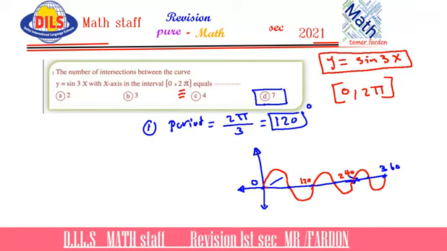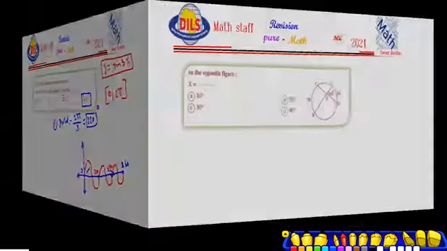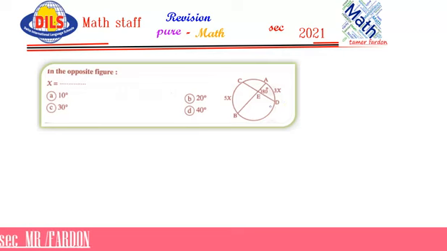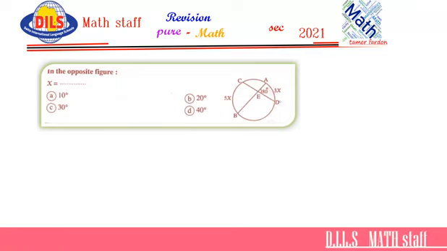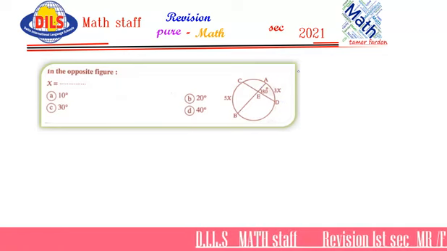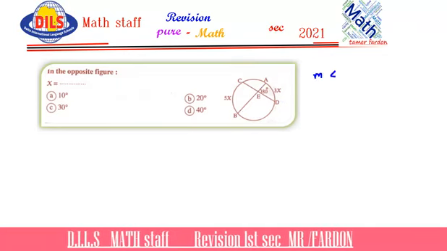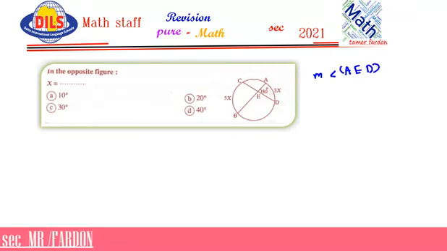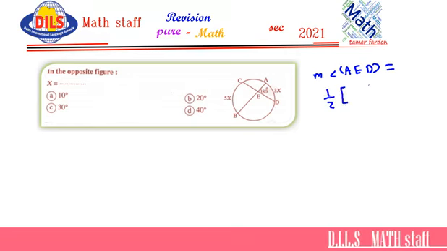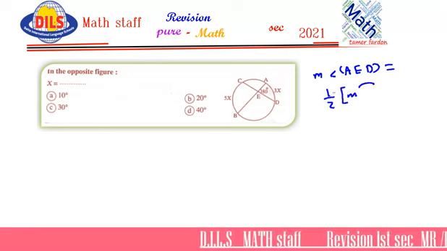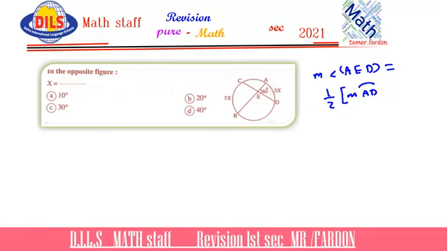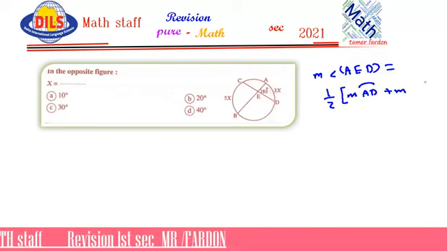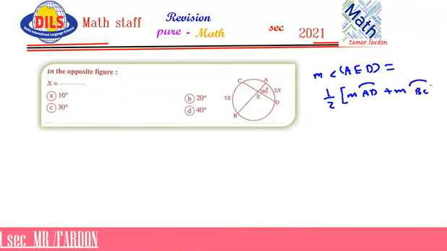High level problem. Another exercise, in the opposite figure, x equals what? We know that the measure of angle AED equals half times the measure of arc AD plus the measure of arc BC.